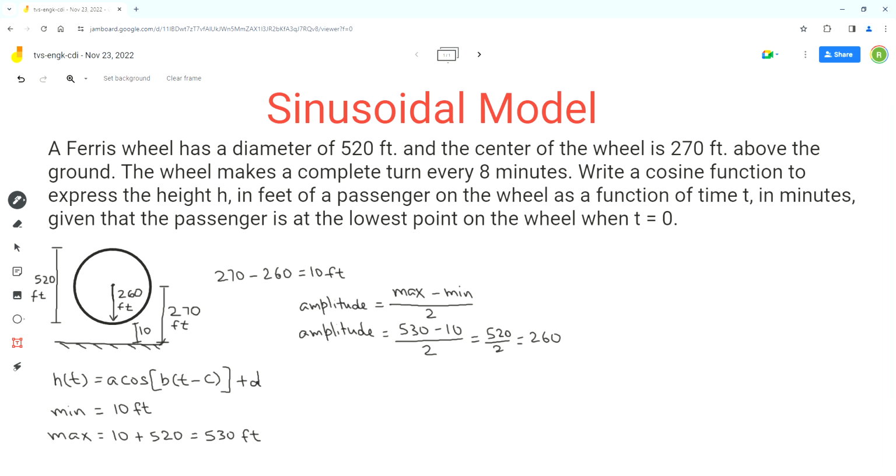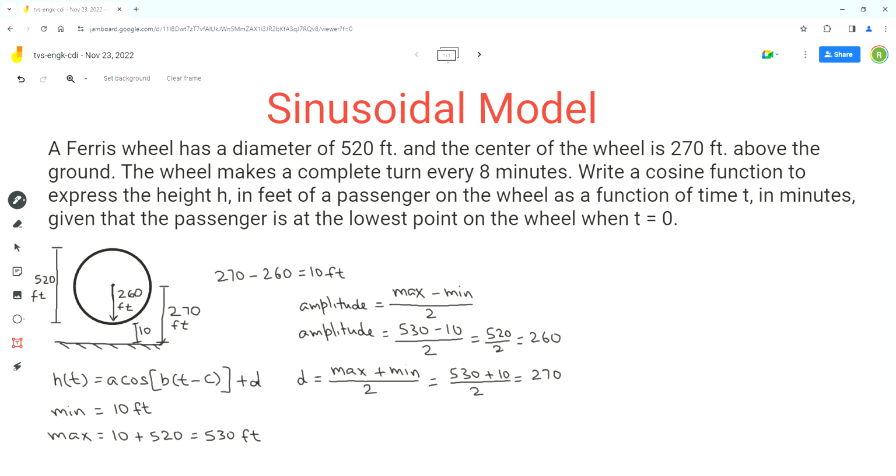Now we can calculate the d value, which also represents the midline or equation of axis. So for the d value, the formula is maximum value plus minimum value divided by 2. So 530 plus 10 divided by 2, which is 540 divided by 2, which is equal to 270.